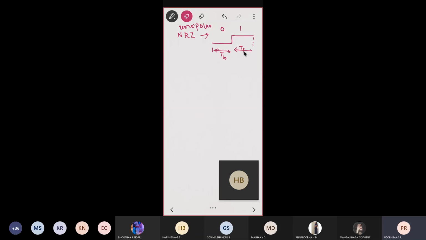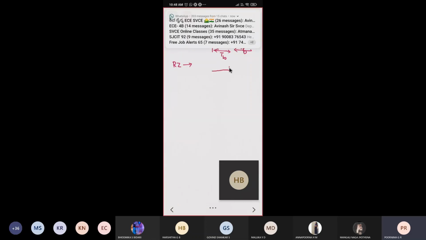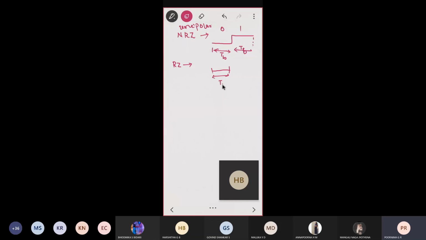Now the return to 0 format. In return to 0 format, 0 will be as it is, 0 amplitude from 0 to TB seconds.